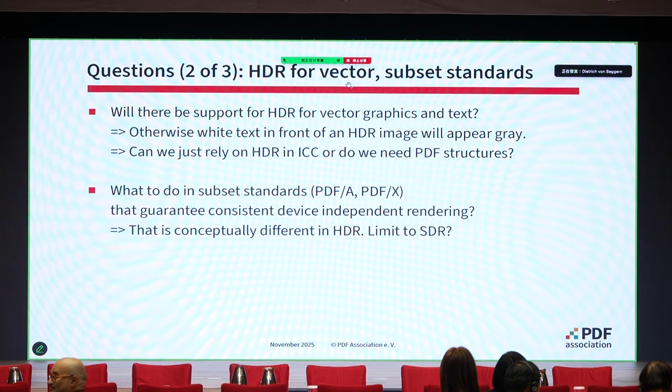So I believe that in PDF, we will not only want to cover images with HDR, we will also have to think about vector graphics and HDR, just to make the combination of vector graphics and images more vivid.